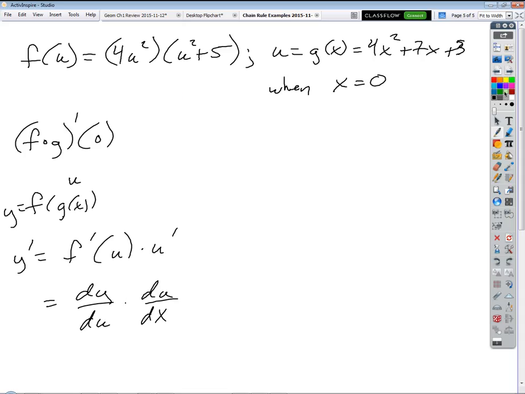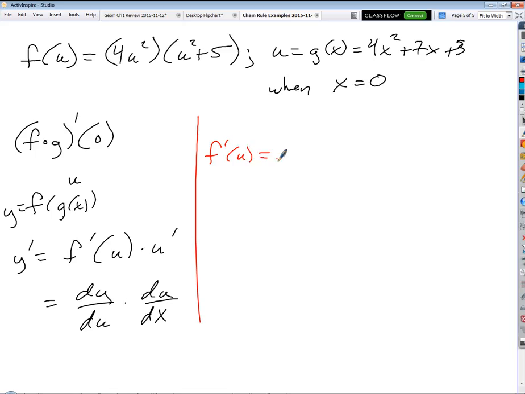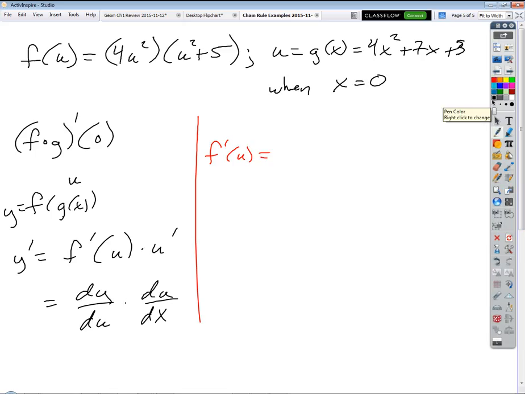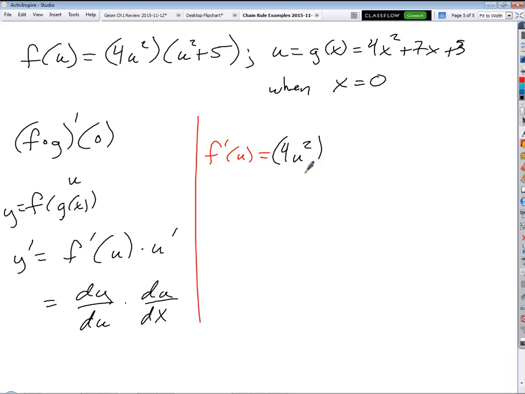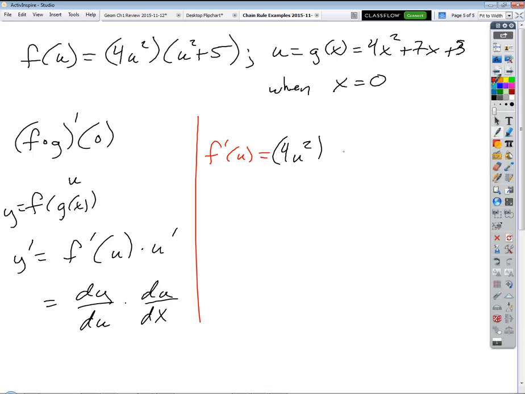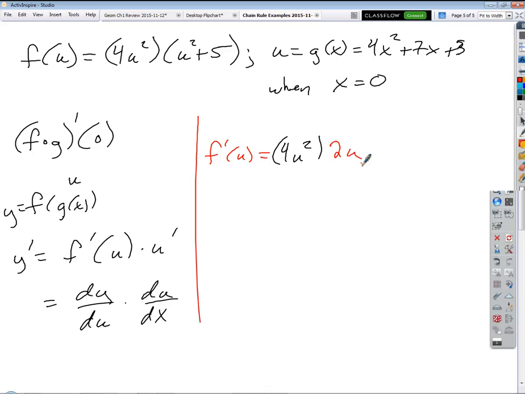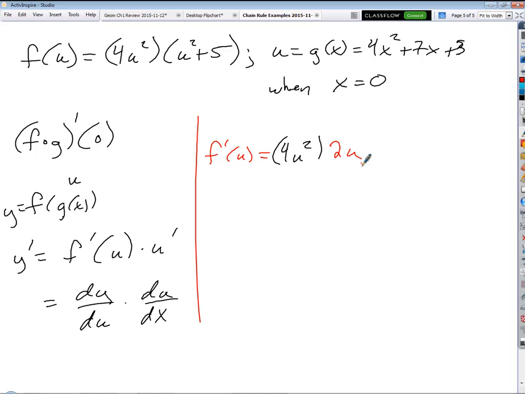So, would you agree then that f prime of u is equal to the first times derivative of the second, which is what? 2u. And I'm differentiating with respect to u, so I don't need anything else, right? I'm done.